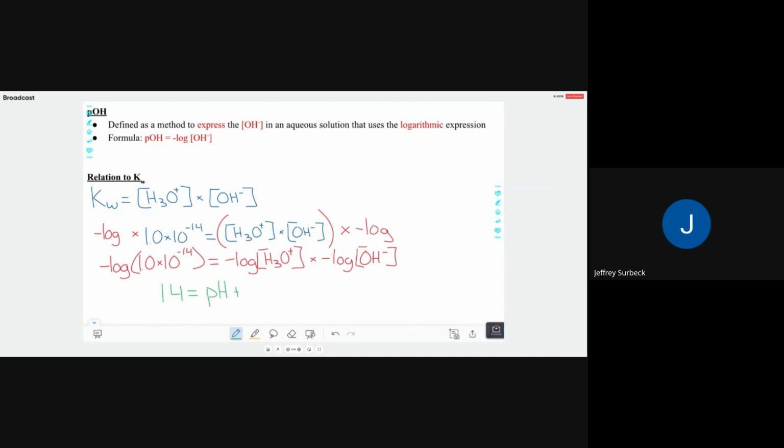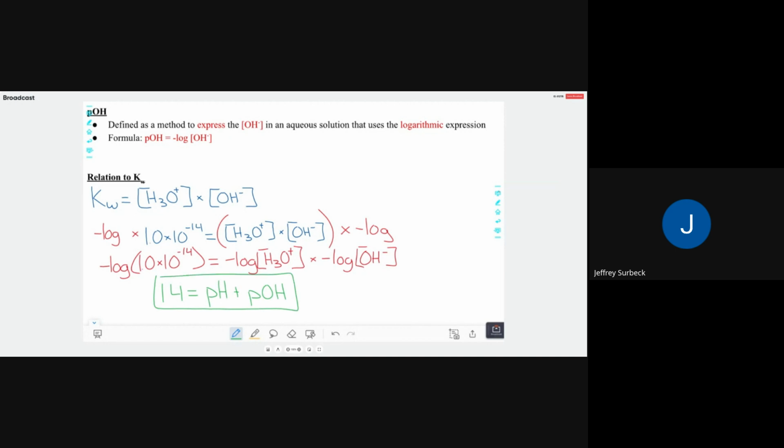Plus, this is the nature of logarithms. We'd have to ask the math teachers the specifics. I just know how it goes: if we take a log times a log and throw in these signs here, we would end up with a plus. So math-wise, I can't explain it right here. That's why we have pH plus. No longer do we need negative log of OH minus, but what would that turn into? pOH.